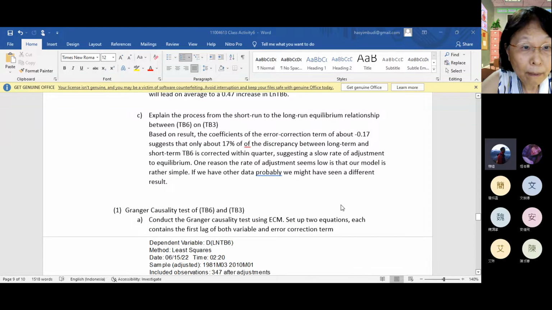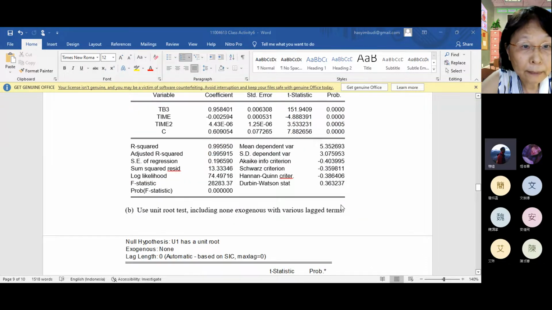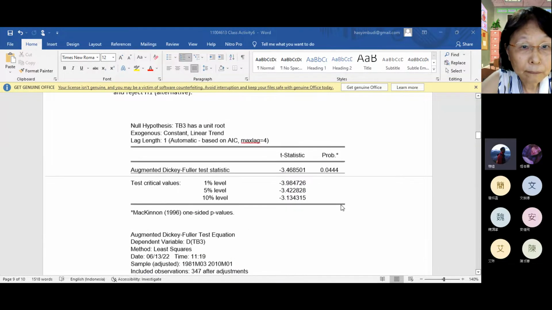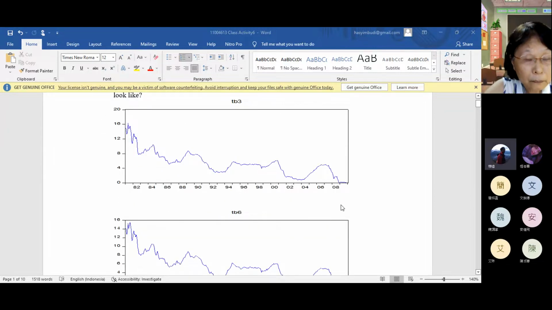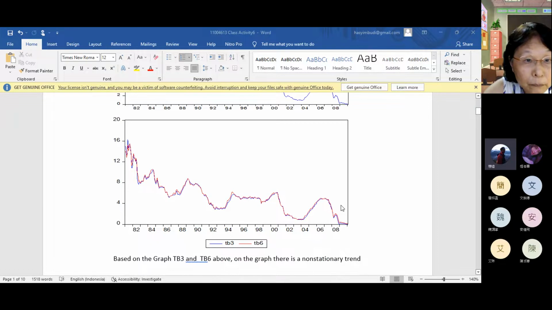Okay, I try to explain my answer in 1A about the graph. Based on the graph, TB3 and TB6 above show a downtrend, which means there is a non-stationary trend.